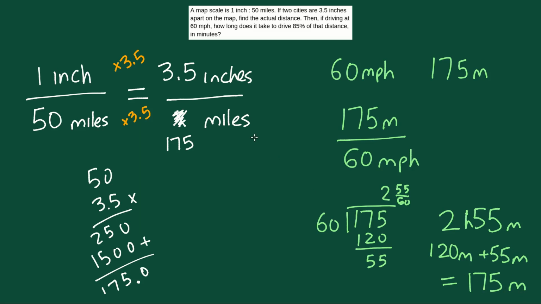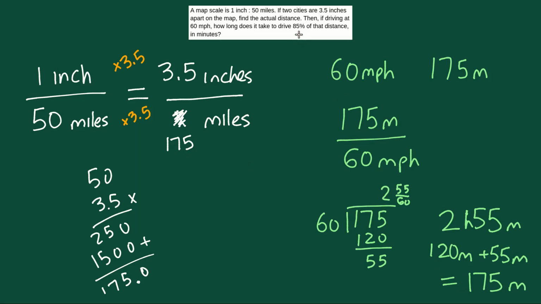So actually, they gave us a really nice velocity for the car, because if it were something other than 60, our minutes would not line up exactly with their miles apart. So actually this word problem gave us an easy speed for the car. Okay, so if driving at 60 miles per hour, it would take us 175 minutes to drive 175 miles.